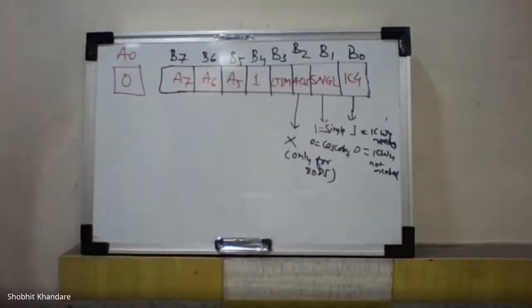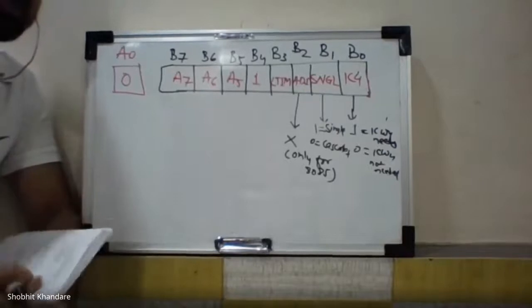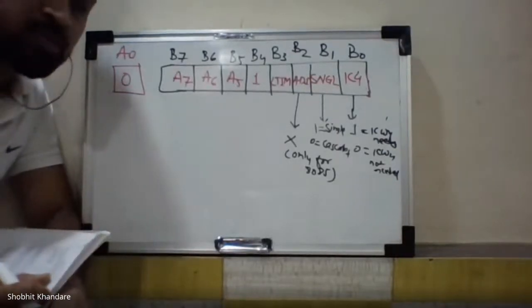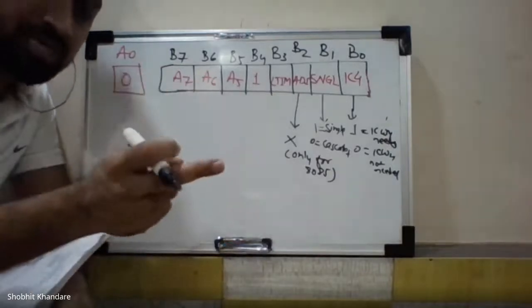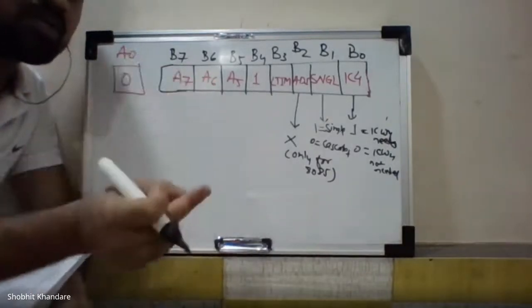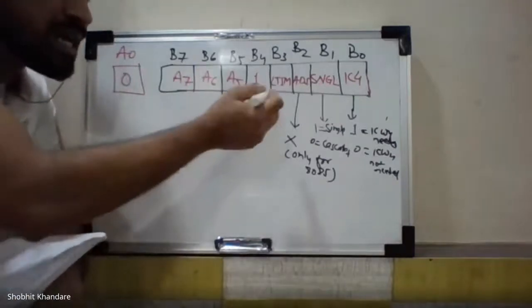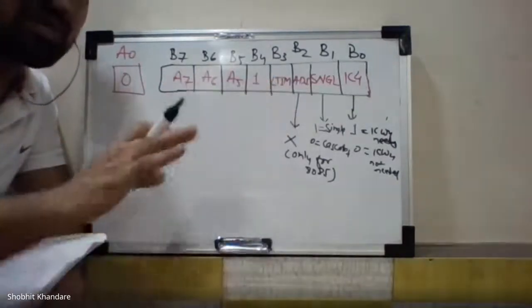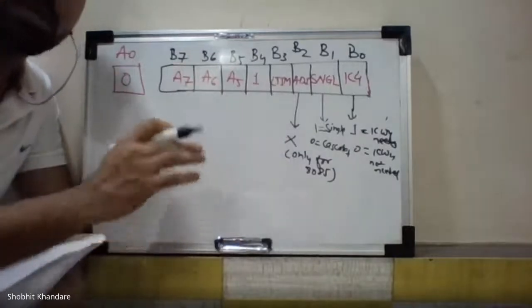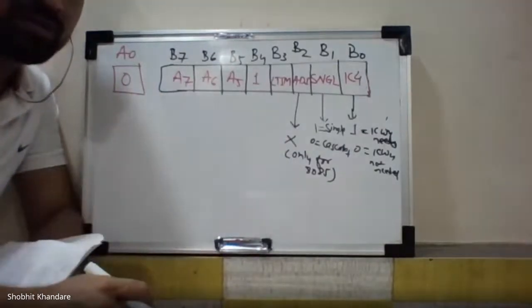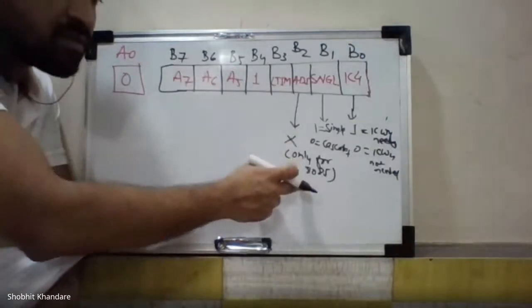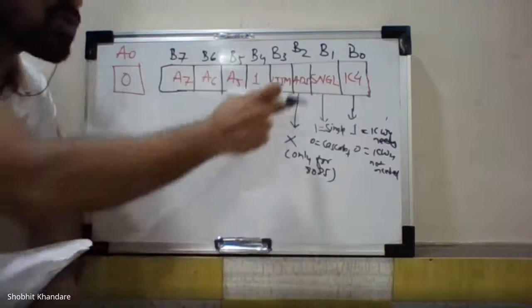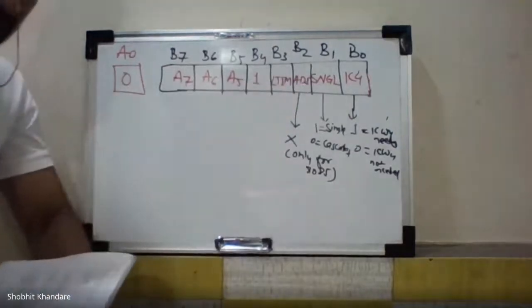I told you that you can interface 8259 with 8086 or with 8085. If I want to interface 8085, in that case this bit is used. Otherwise, it is a don't care, meaning we are not going to use that bit. So only for 8085, not for 8086.